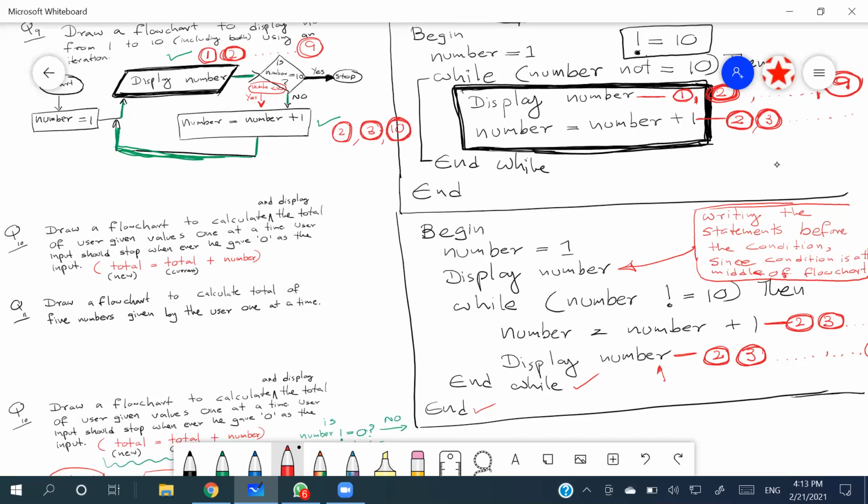And for this, duplicate the statement to get the desired output.